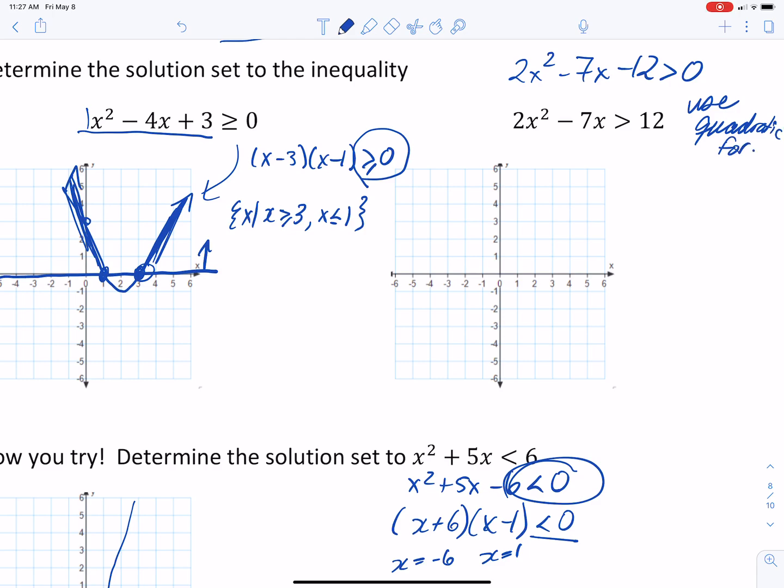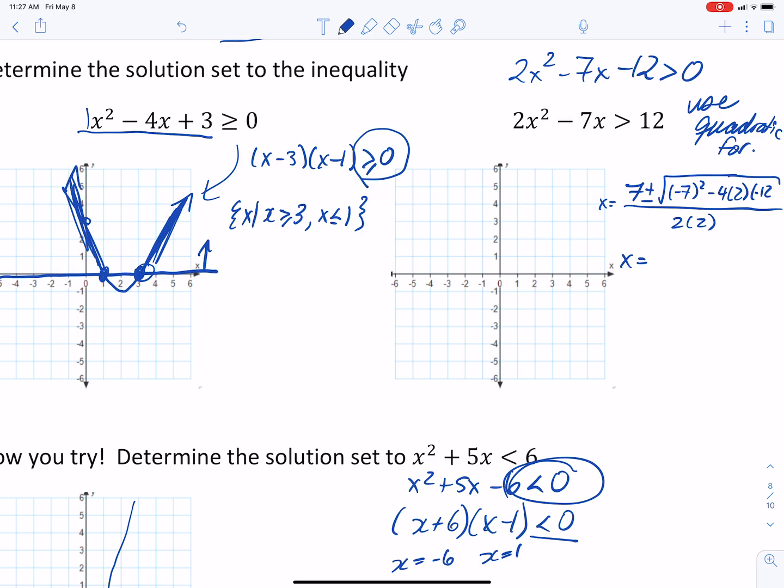So remember that is negative b, so that's going to be positive 7, plus or minus the root of negative 7 squared minus 4ac, all over 2a. And that's going to give me the intercepts.